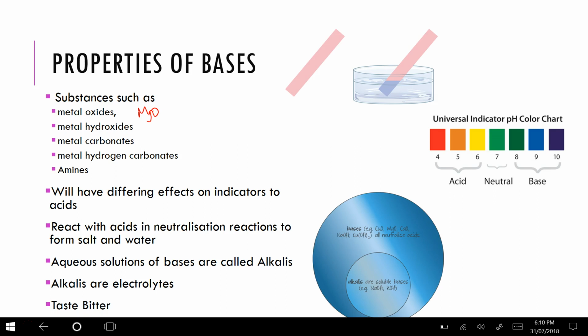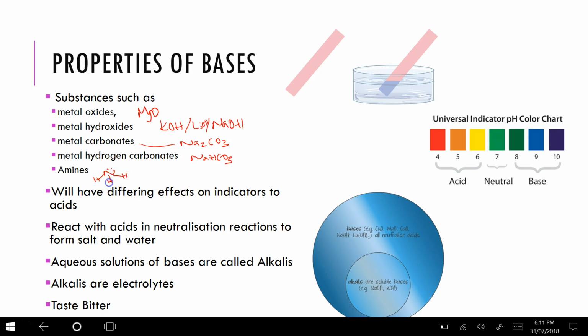It could be metal hydroxides, so this could be potassium hydroxide, lithium hydroxide, or sodium hydroxide. It can be metal carbonates, so something like sodium carbonate, Na2CO3, metal hydrogen carbonates, which is bicarb, NaHCO3, or amines, and this is where we get into things like ammonia.